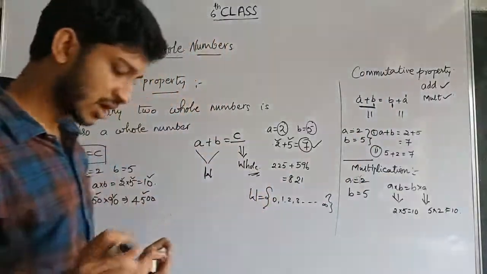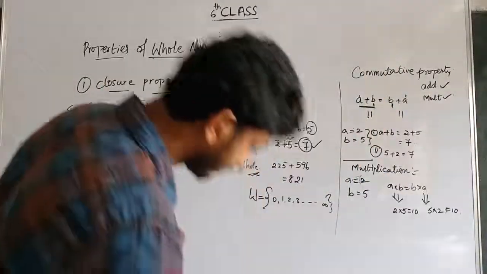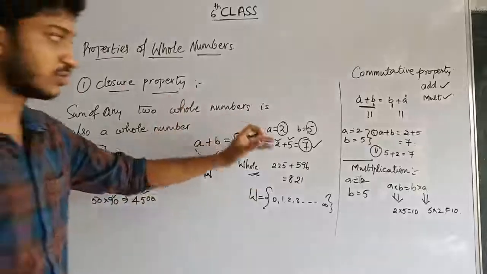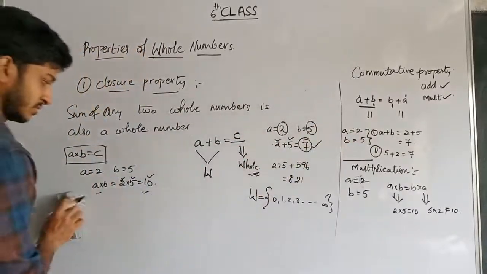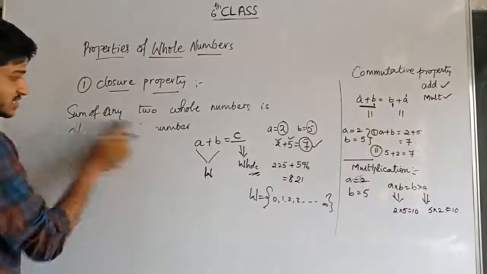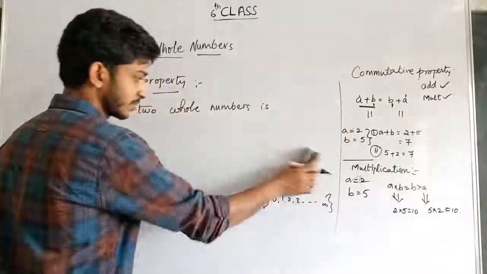Okay. Now the third property. Make a note of this as rough work. Now the third property we have is the associative property.